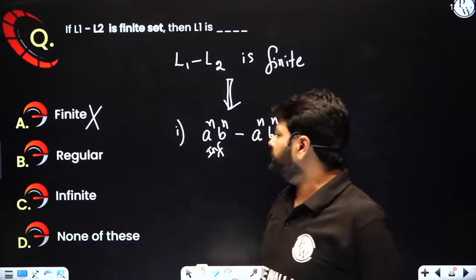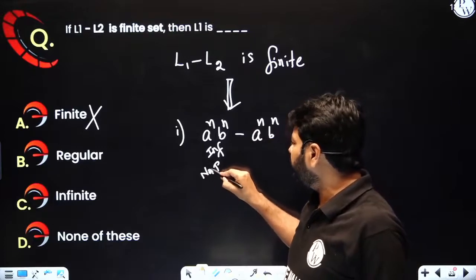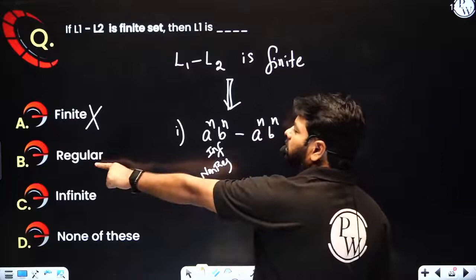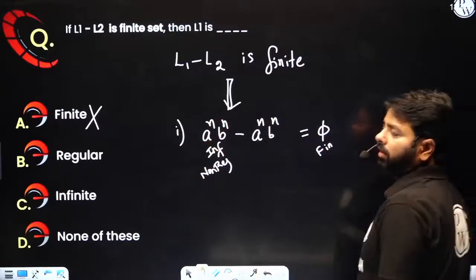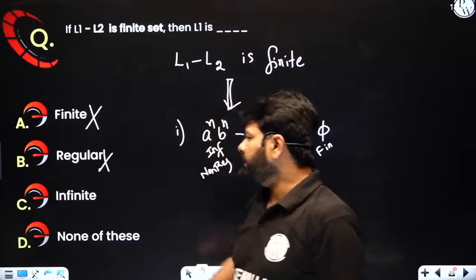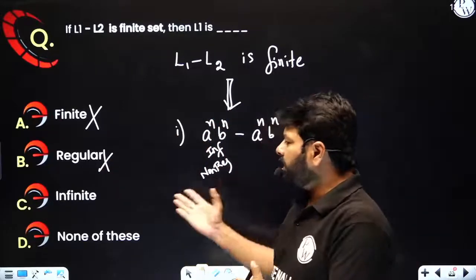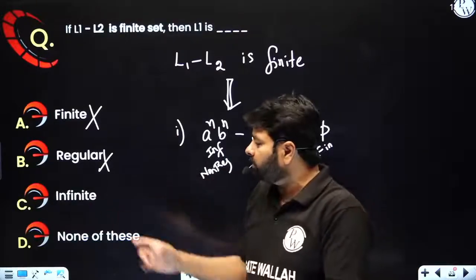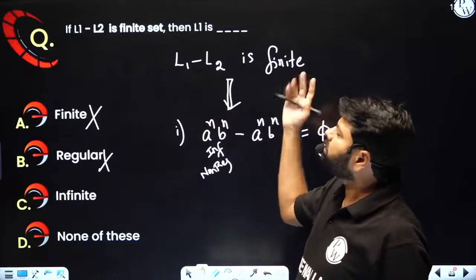Now option B, this example is enough. It is not regular, right? It's non-regular. So when the result is finite, L1 can be non-regular. So this is also eliminated. Now option C, this example cannot prove it, right? I'm trying to think of a counterexample for this. When L1 is finite, the result is definitely finite, right?